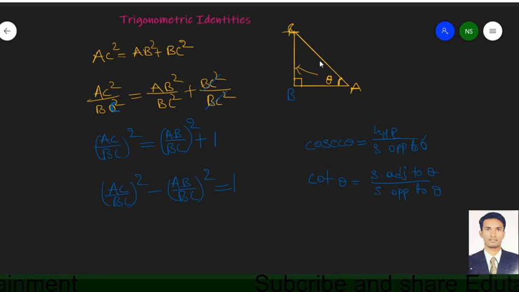AC is hypotenuse here, and BC side is opposite to theta. So we can write this as cosecant square theta minus cotangent square theta equals 1, and we got our third identity also.